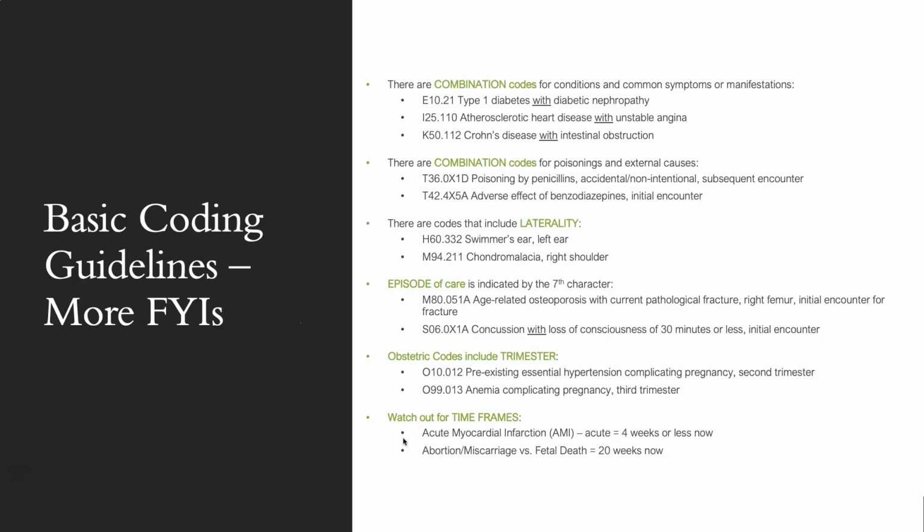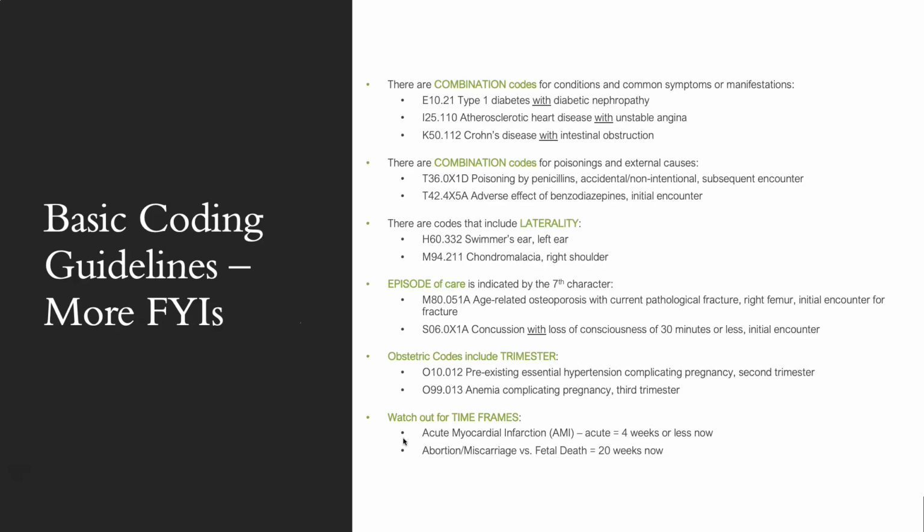Somebody obviously had a great sense of humor because all the obstetric codes start with O. So just be careful. This first one is the letter O, 10.012, pre-existing essential hypertension complicating pregnancy in the 2nd trimester.